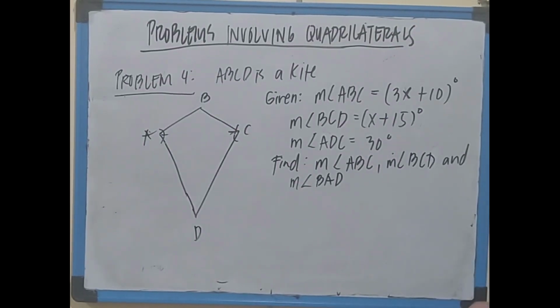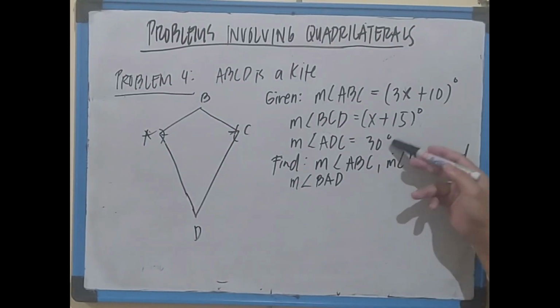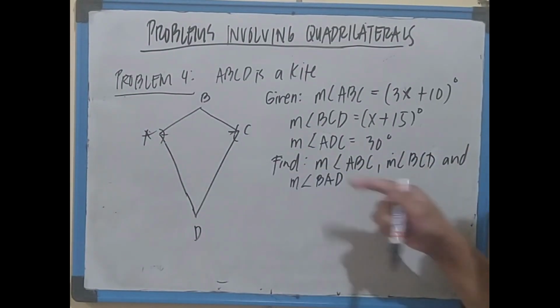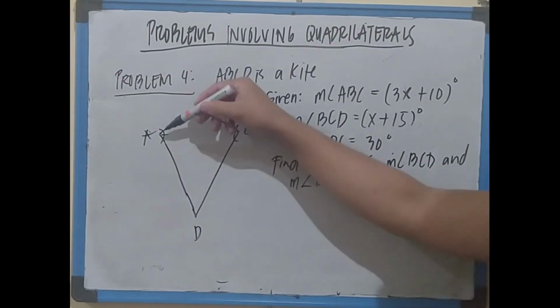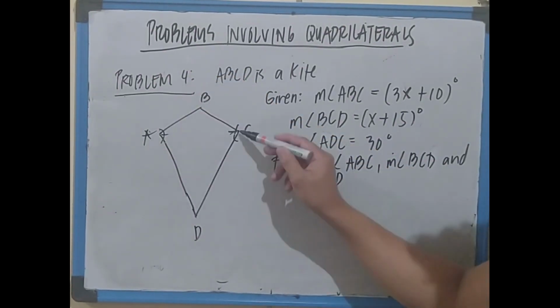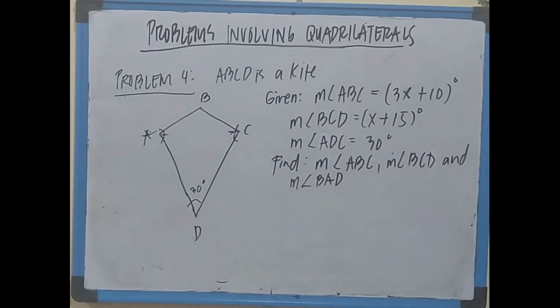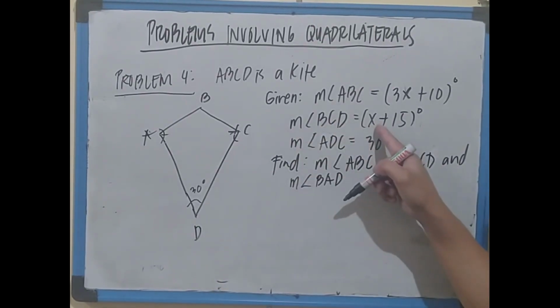The best thing to do, guys, is to supply first the given na dun sa figure para hindi na kayo malito. Try na natin yung may sukat, which is angle ADC. We have now A, D, and C, which is equal to 30 degrees. Now, for the BCD, this is x plus 15.